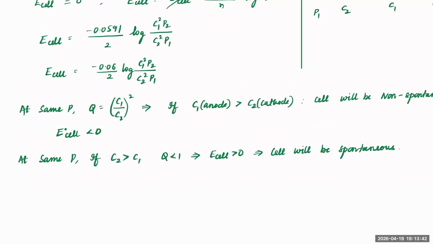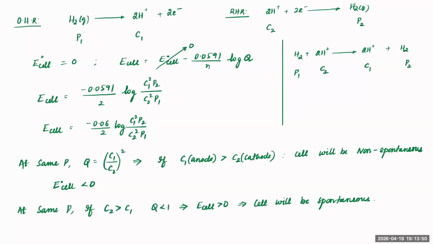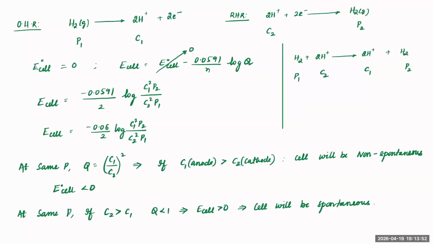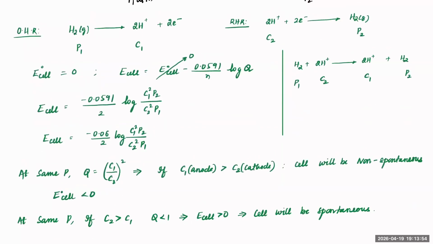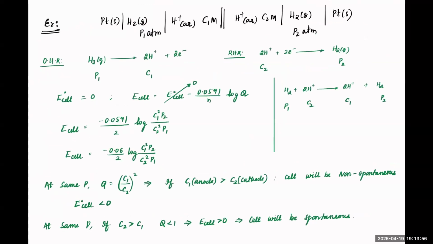So generally, if the cathode ion concentration is more and the anode ion concentration is less, you will get a spontaneous cell using this concentration cell. I hope this understanding is clear to everyone.